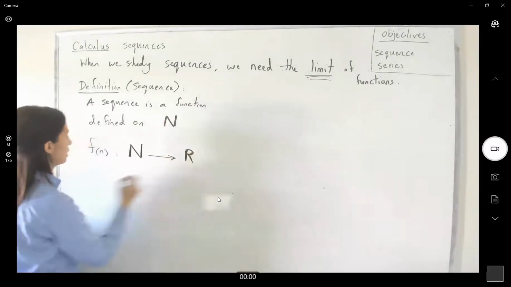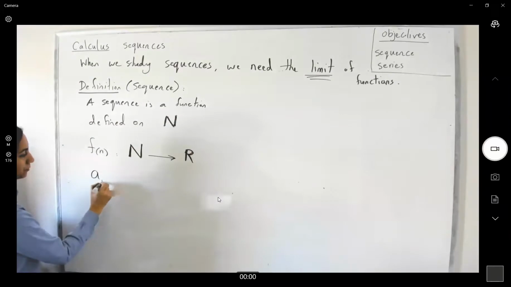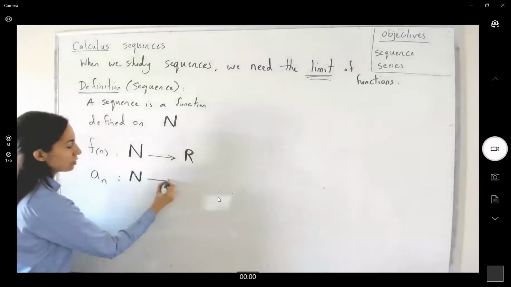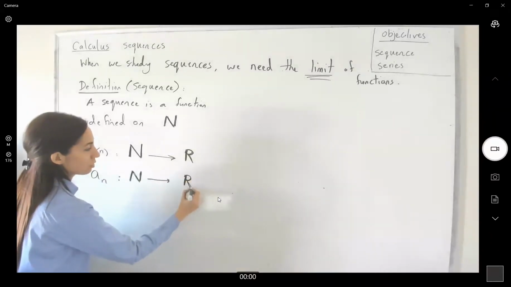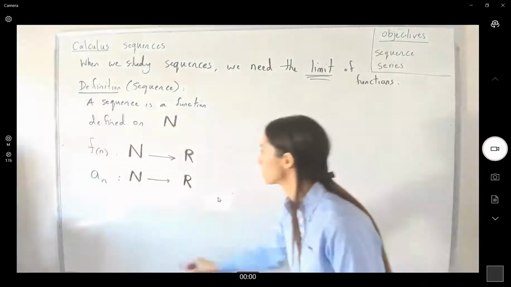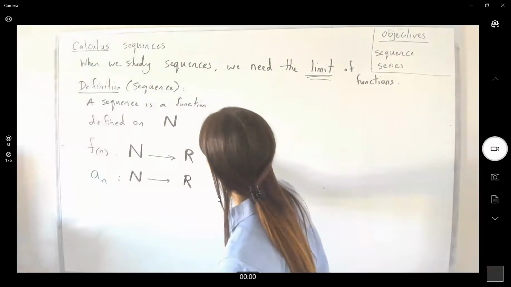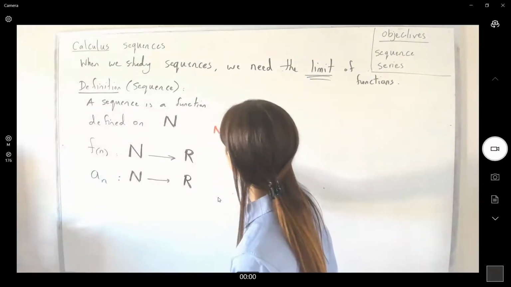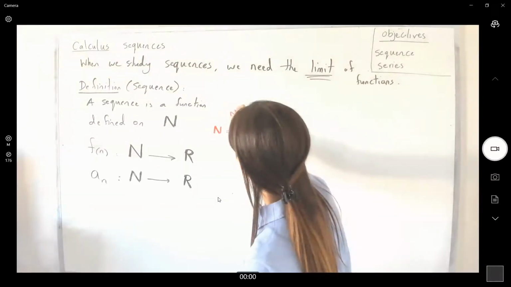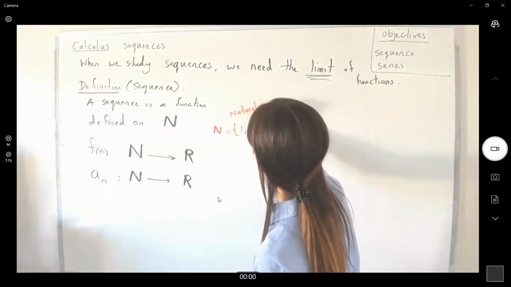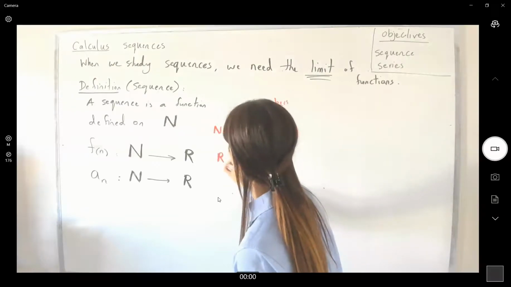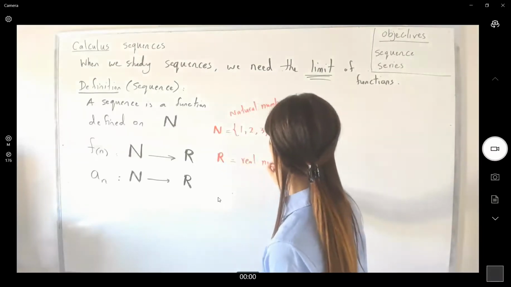Or denote it this way. You say that, hey, a sub n maps elements from n into R. So n is the natural number set, and R is the real number set. And counting numbers starts from 1, 2, 3, 4, and so on, natural numbers. And R, bolded R, is real numbers.